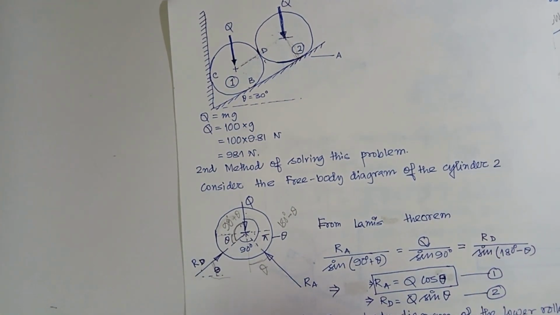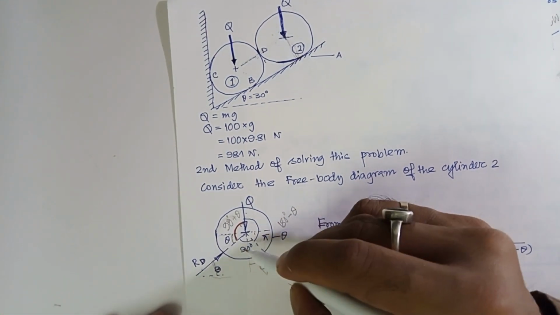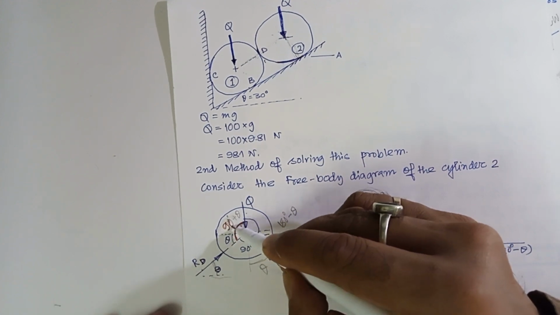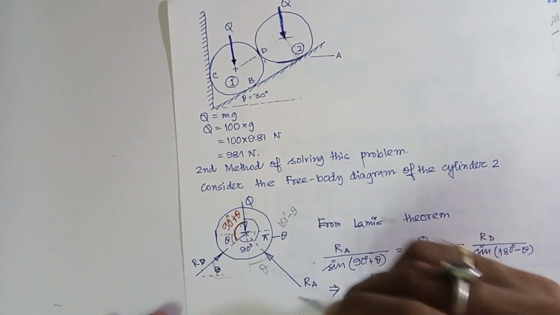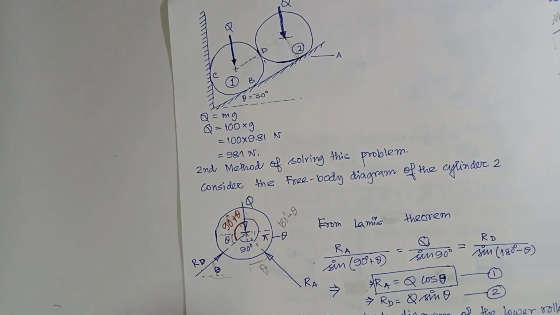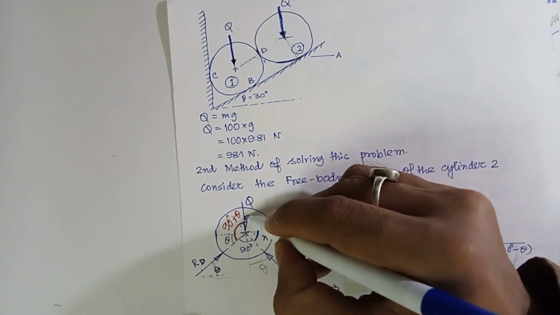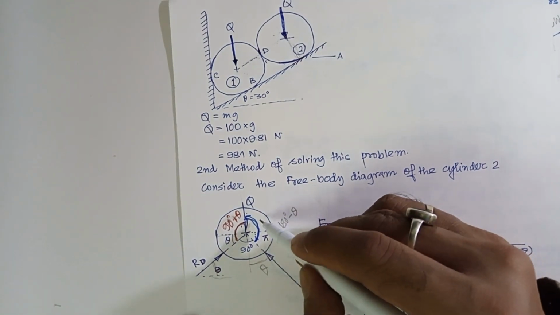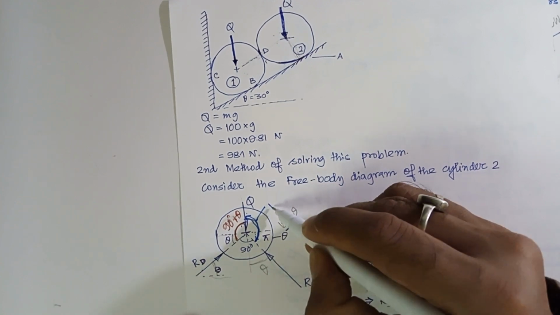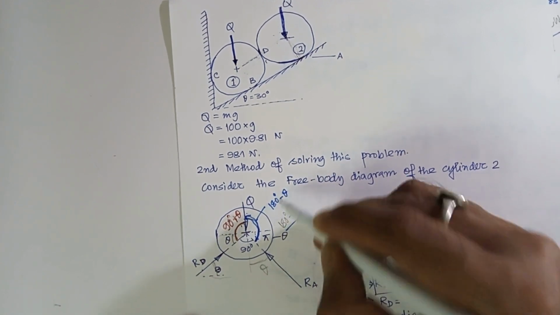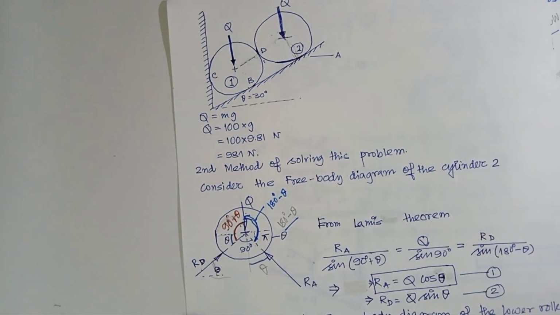So if I just mark with some color, then this angle with red marking, it is 90 degree plus theta, and the angle that I mark with blue, this is 180 degree minus theta, because this angle is theta and this angle is also theta.